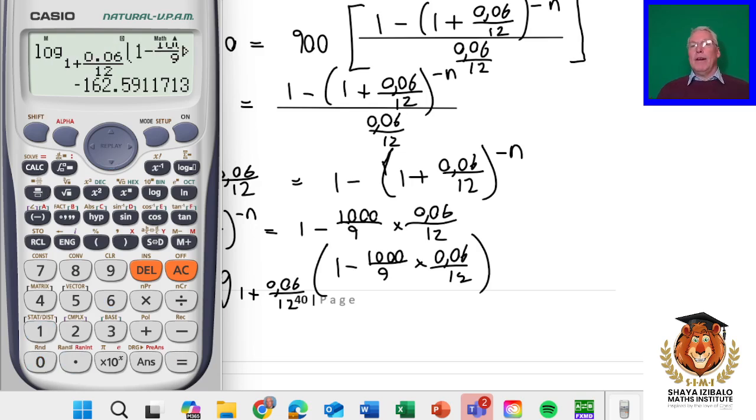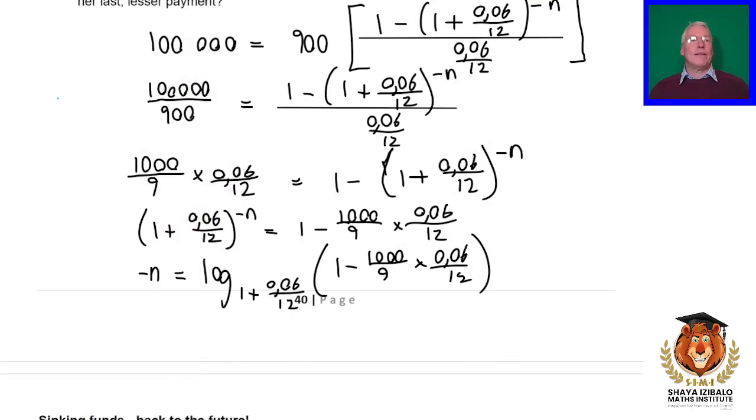Okay, and we get negative 162.6. So n is 162.6. So what will happen is she will make 162 full payments, and now let's work out the value of that last lesser payment. And we could use either method.